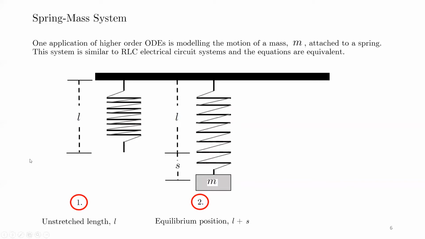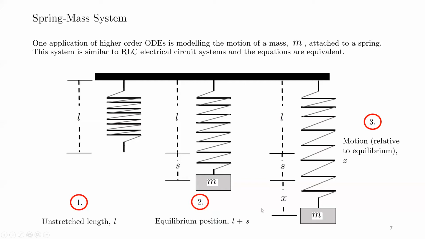But if we extend this spring even more, let's say we grab the mass and we just start pulling it down, then we can extend the system even further, and we're calling that distance X. So I've pulled this spring down a further distance X.